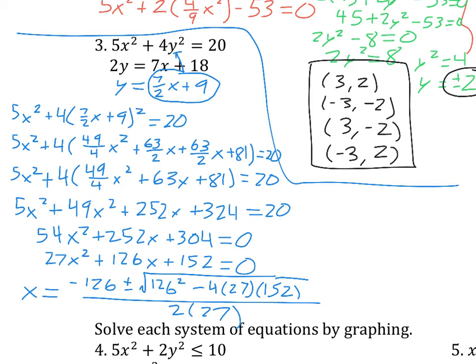Okay, so if you grab a calculator, if you do this part on the calculator, you get a negative value. Remember, the part under the radical is called the discriminant, and if the discriminant is negative, then there's no solution, or no real solution.